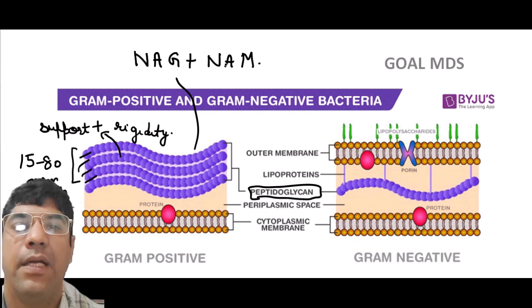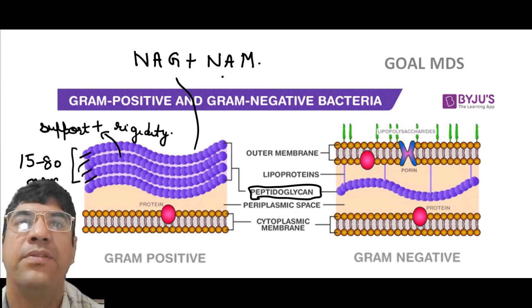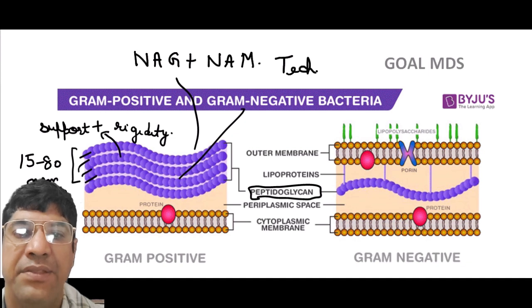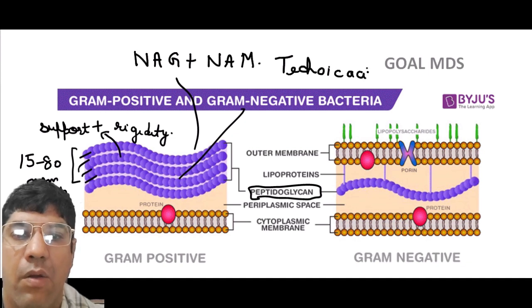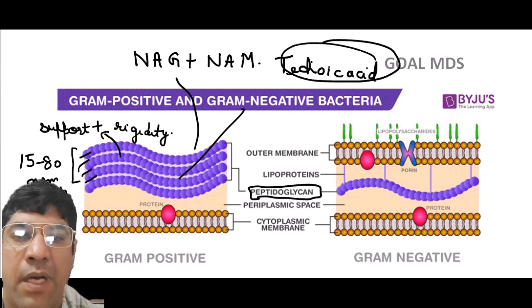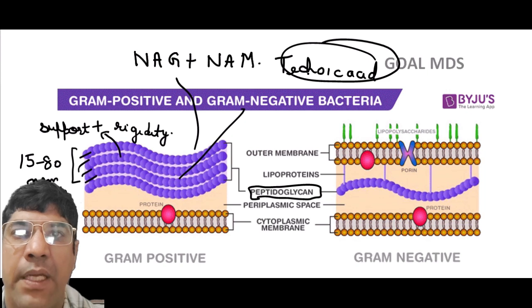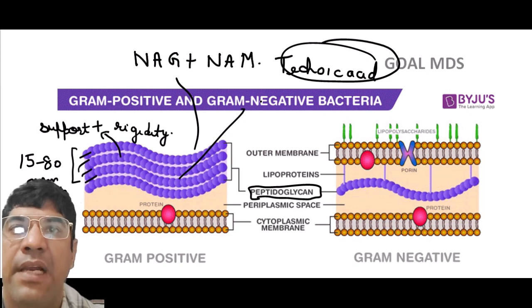Apart from that, they contain an important structure, that is teichoic acid. Multiple questions have been asked. Teichoic acid is present in the gram-positive bacteria. And what is its role? Its role is structural and it provides antigenic property to the cell wall.